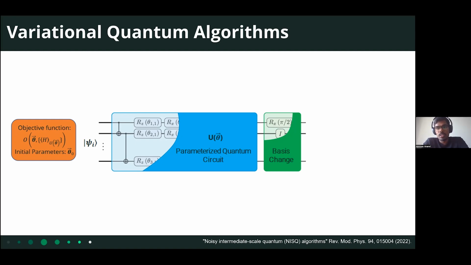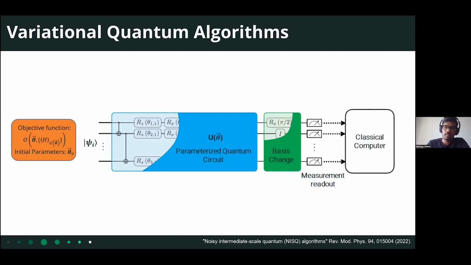So you use the quantum computer to prepare these states, and I'll dive into the details of these circuits later. And then what you do is you read out or measure the state corresponding to your objective function.